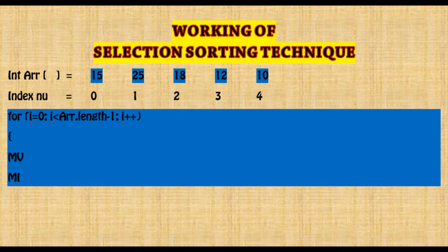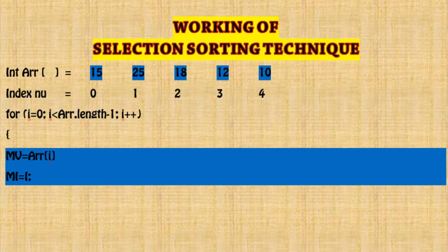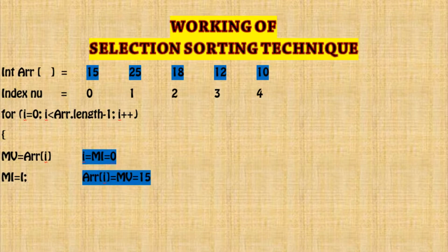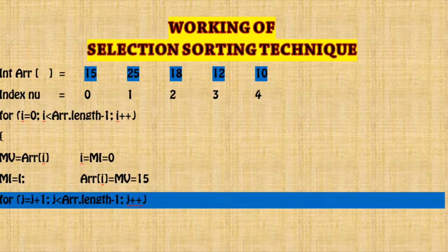Now I will assign the value, that is mv equals array of i, and the index is i. Here in this example i will be 0, array of 0, that is mv will become 15.